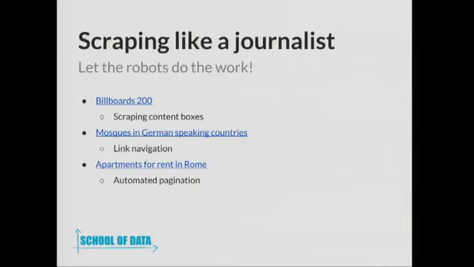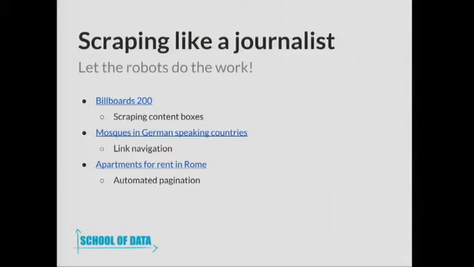Then we're going to scrape information from a website for German-speaking countries where there are mosques. There are links, and we want to do the navigation of the links automatically. So WebScraper will click on the links automatically, navigate to the pages, and extract the information for us. And the last one is a real estate web page in Italy for apartments for rent in Rome.